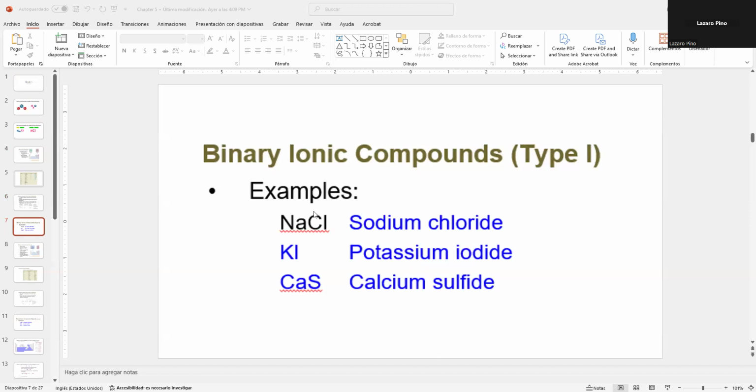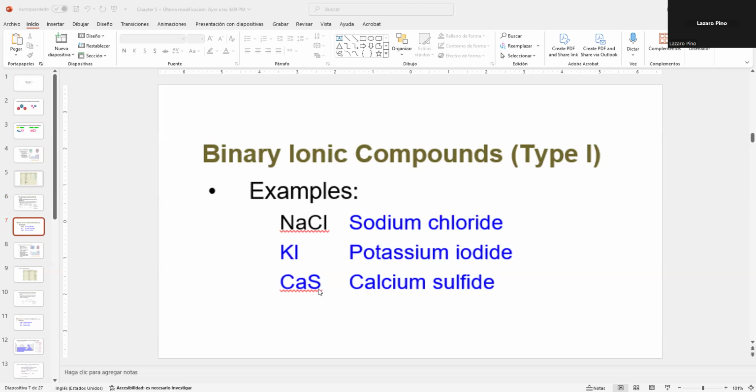Here we have some examples. This is sodium chloride. Chloride comes from chlorine, which changes to "ide", but the root of the name is the same as chlorine. Potassium iodide. Iodide comes from iodine.